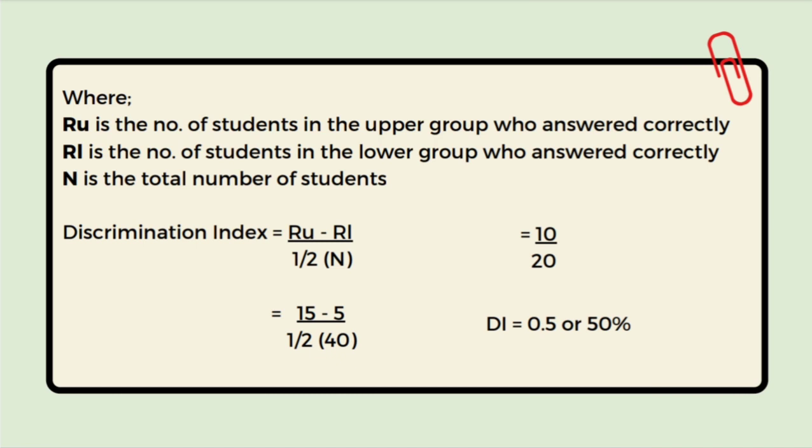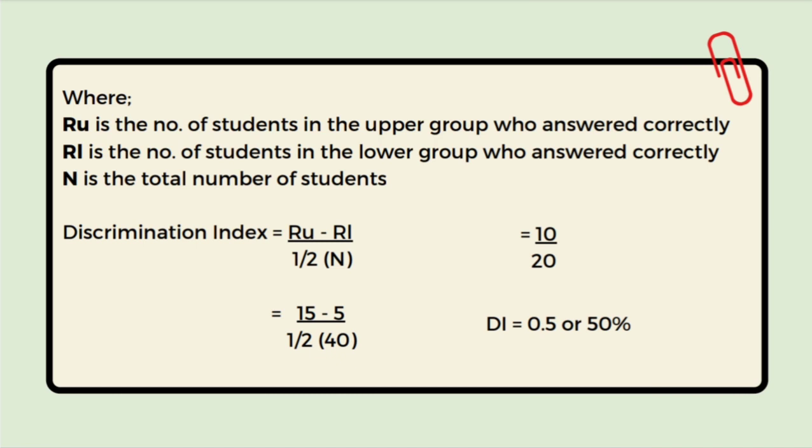So, discrimination index is equal to RU minus RL over 1/2 of N. So, discrimination index or DI is equal to 15 minus 5 over 1/2 of 40. So, this 15 is the total number of students from the upper group who got the correct answer, minus the total number of students from the lower group who got the correct answer, divided by 1/2 of 40.